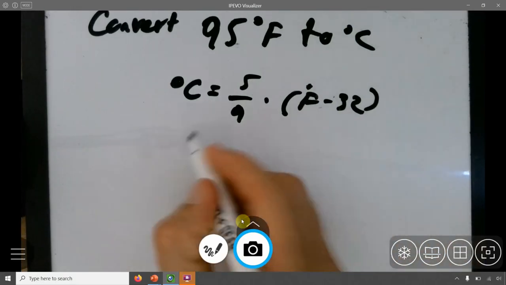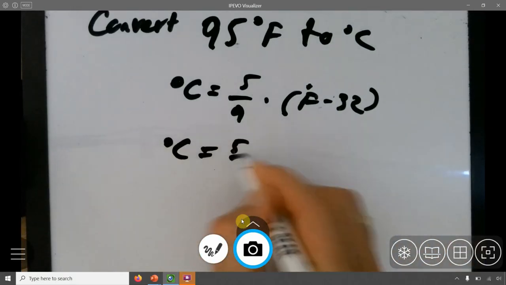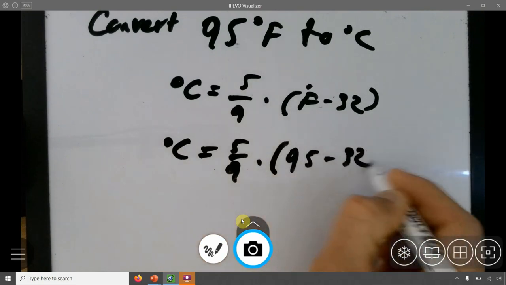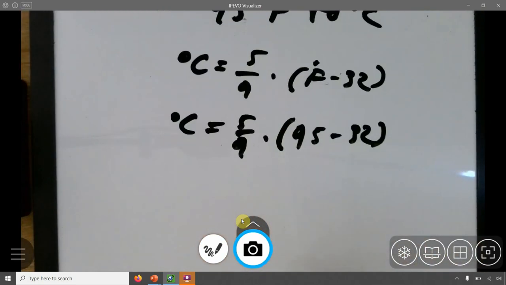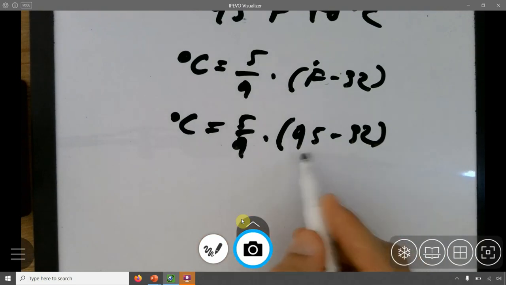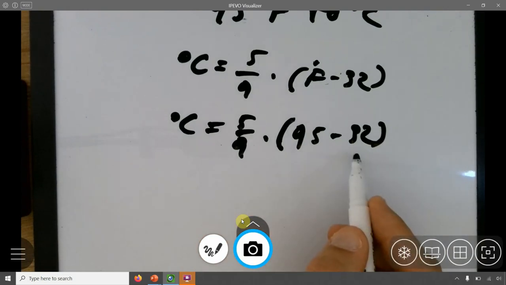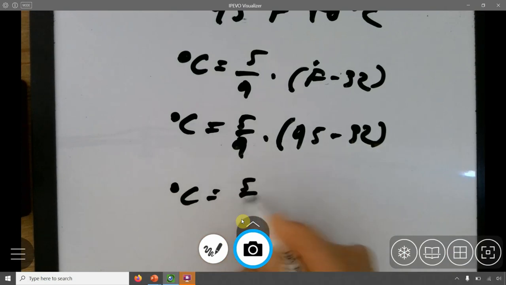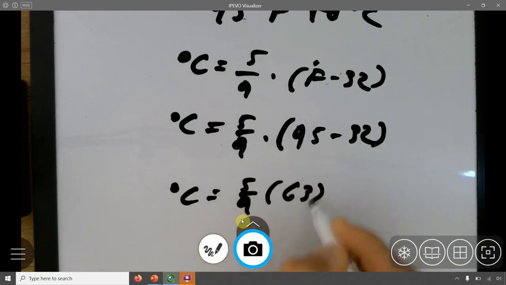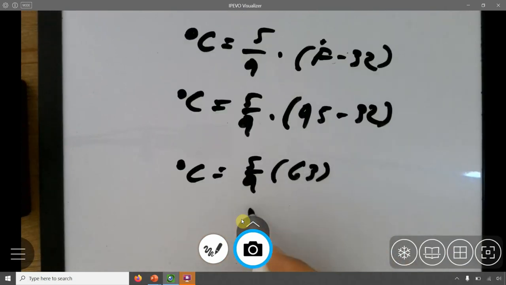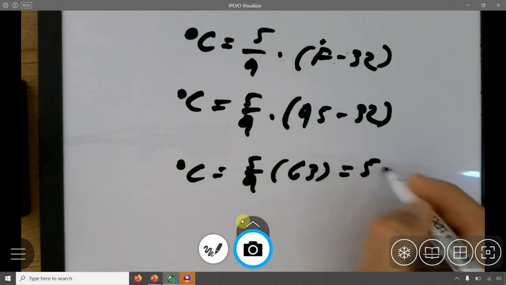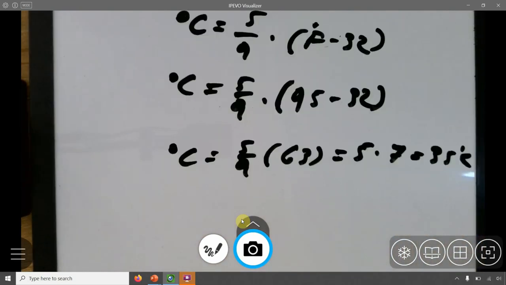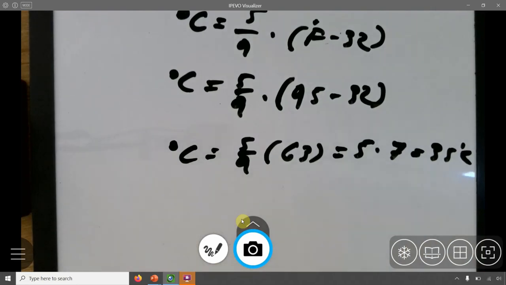So degrees Celsius here would be 5/9 times 95 minus 32, and this minus this is 63. 63/9 is 7. So there you go, it's 35 degrees Celsius. That's how you go about converting.